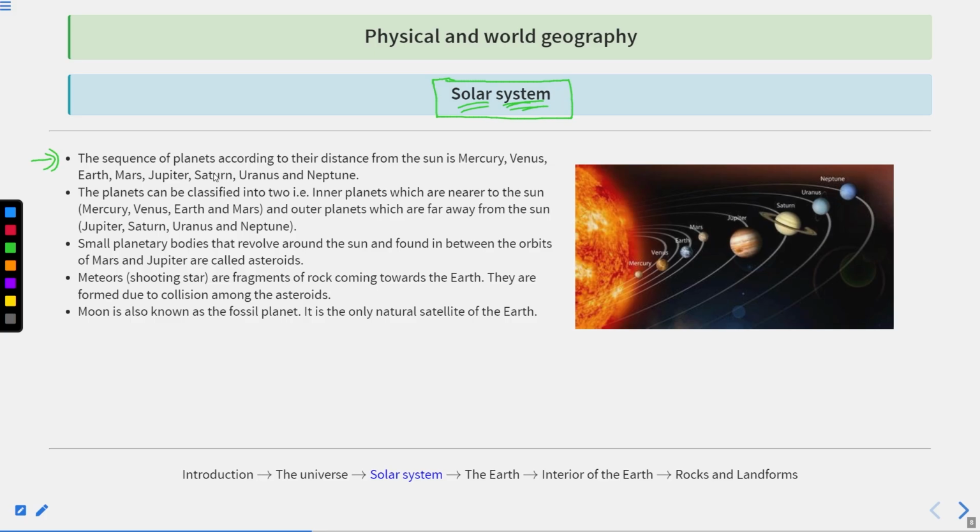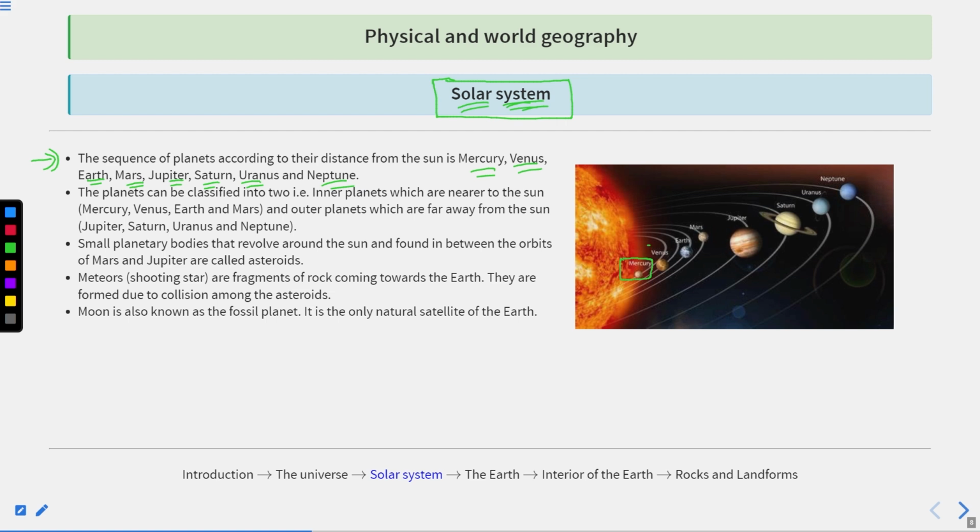The sequence of planets according to the distance from the Sun is Mercury, Venus, Earth, Mars, Jupiter, Saturn, Uranus, and Neptune. You can see it here also.